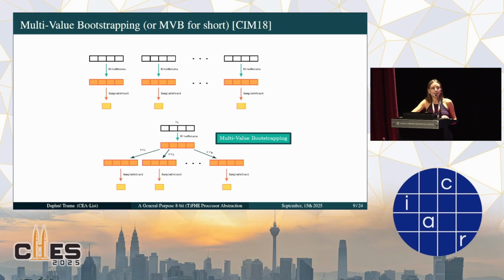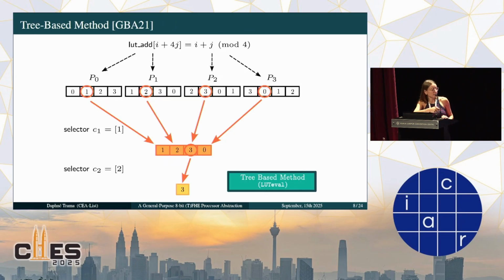So, for instance, we can use it here in the first layer of the tree, and instead of doing 4 blind rotates, we will only do 1, and we will perform the addition at the cost of only 2 bootstrappings. So the implementation of this optimized tree-based method, we called it let_eval.